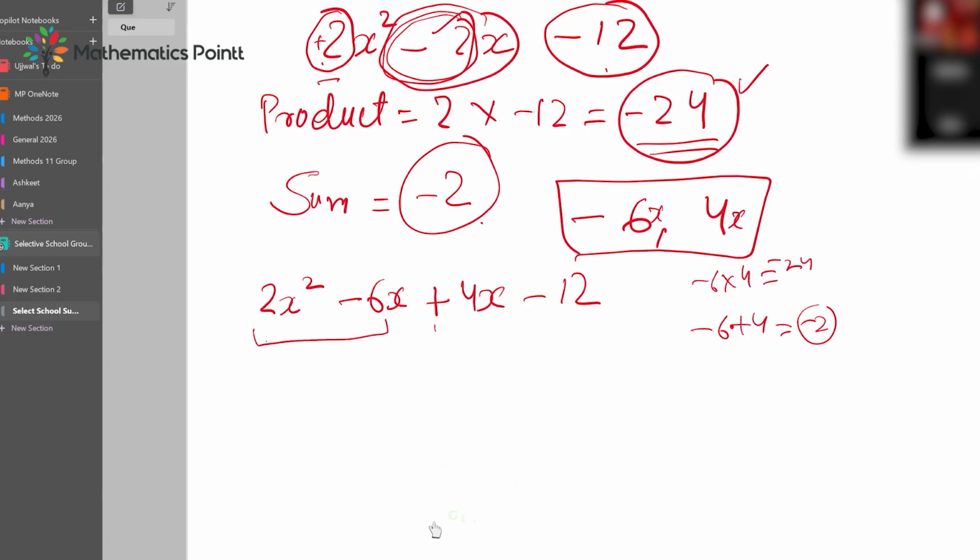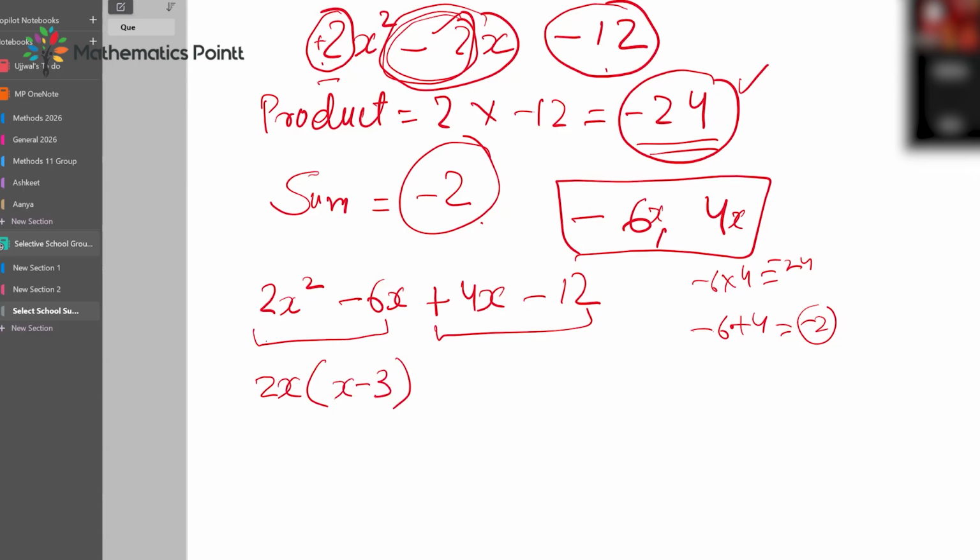Now, let's divide them into pairs. What's the common factor out of the first two terms? 2x. So can I say x minus 3?